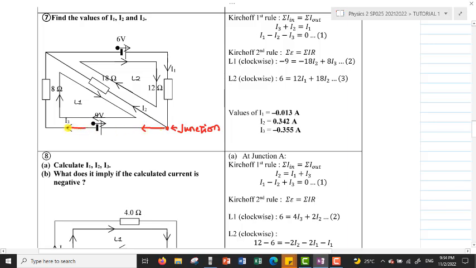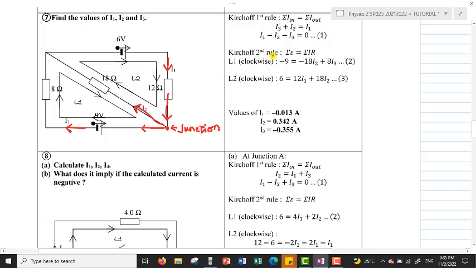So this is I3, and our I2 also flows out from the junction, but our I1 flows into the junction. So we have I3 plus I2 equal to I1. Rearranged, I1 minus I2 minus I3 equals 0. So this one will be our first equation.